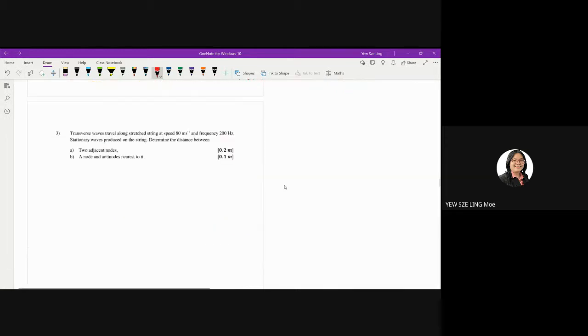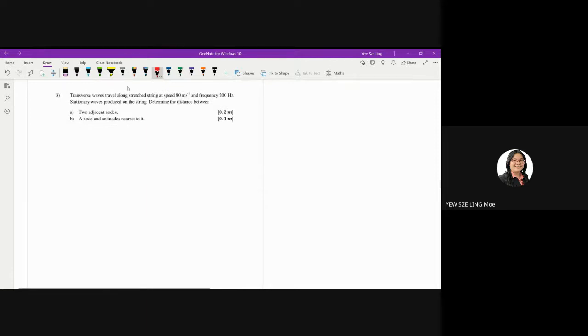All right, next. A transverse wave travels along a stretched spring at a speed of 80 meters per second, so you have a speed v, and frequency 200 hertz. Stationary waves are produced on the string. Determine the distance between two adjacent nodes, and then a node and the antinode nearest to it.